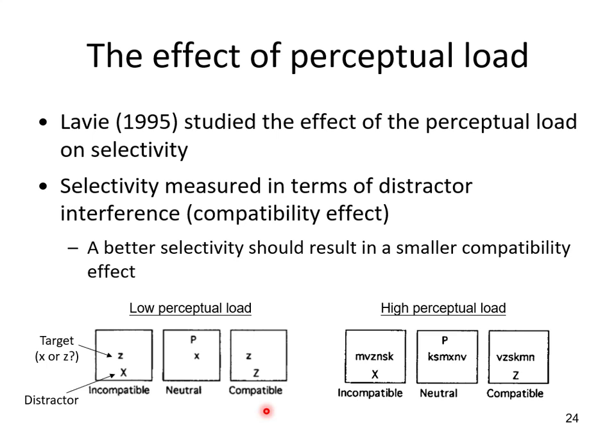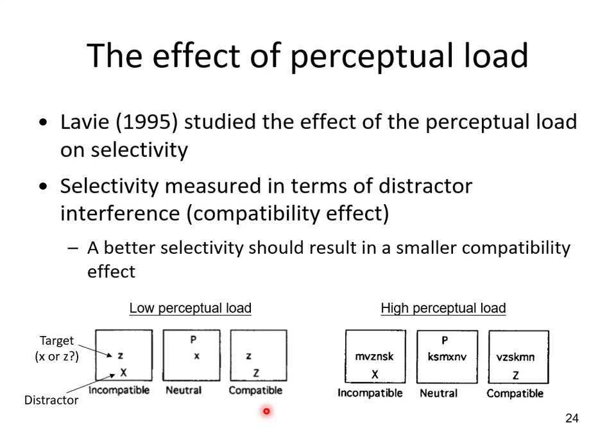No, there will be no difference. However, if you do not have perfect selectivity, if you have poor selectivity, then you will process the distractor. If you process a distractor, what do you expect? You will have poor performance for incompatible, intermediate performance for neutral, and better performance for the compatible condition.